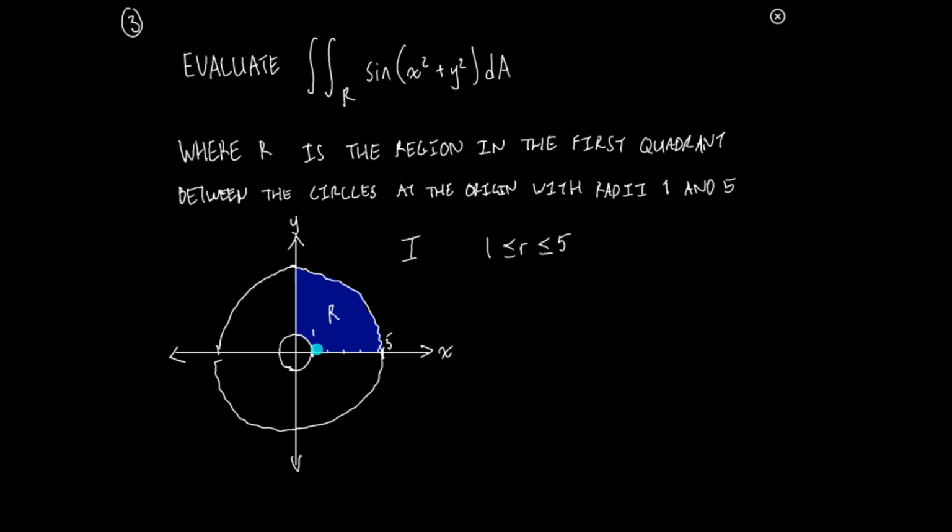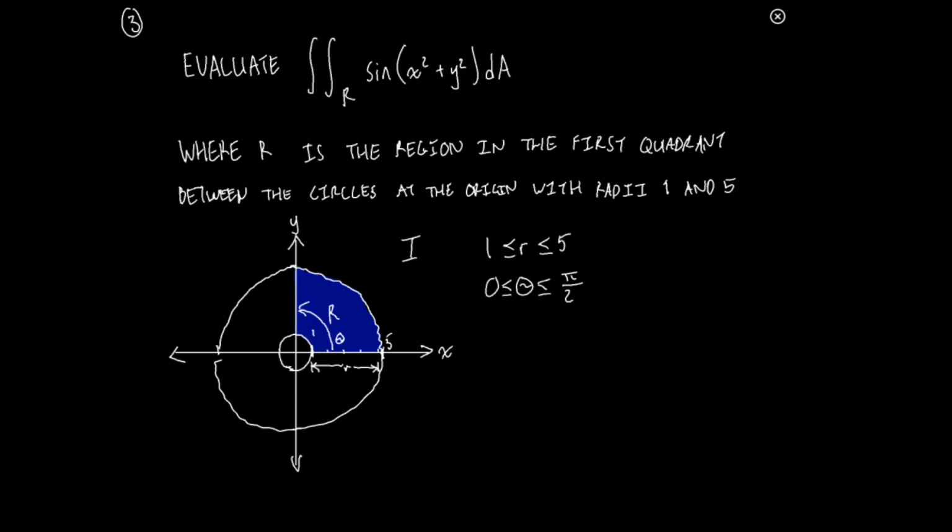Then our angle, theta, going from the positive x-axis over this way, goes from 0 to pi over 2, right? Okay, and that was theta right here. And then this distance right here is r. Now we have our bounds that describe the shape.